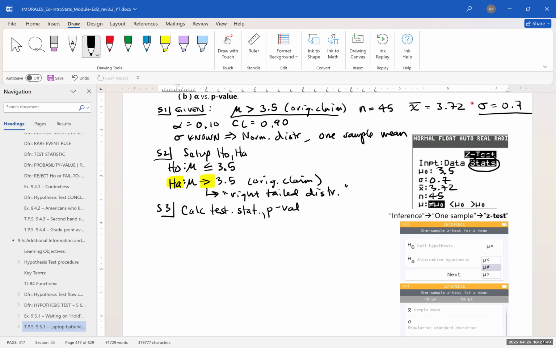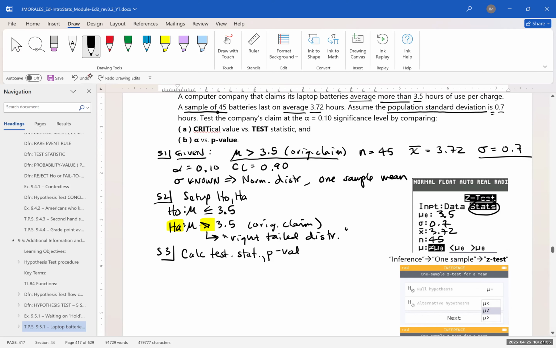And our alternate hypothesis is mu greater than 3.5, so it's actually going to be this option on the Texas Instruments calculator.